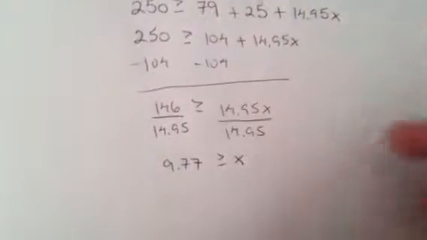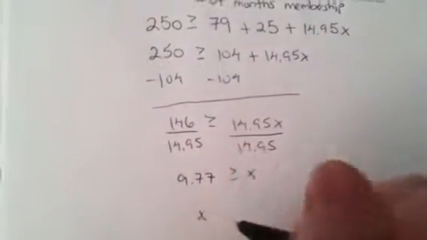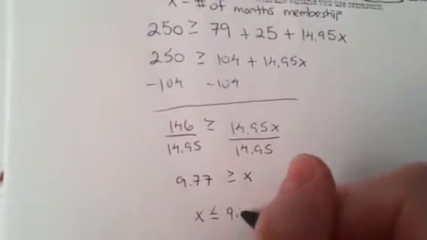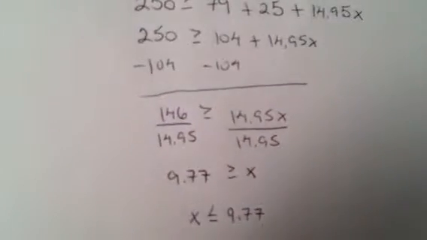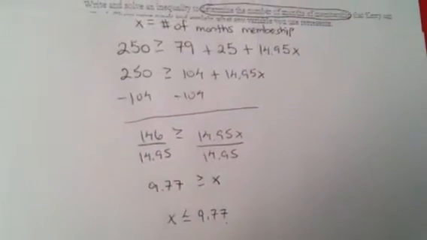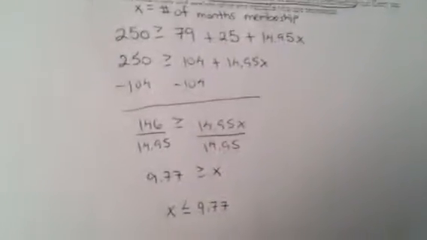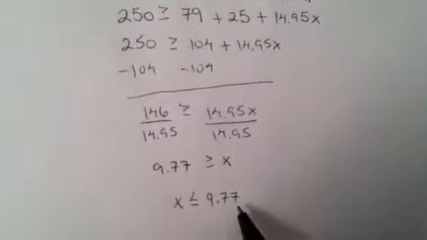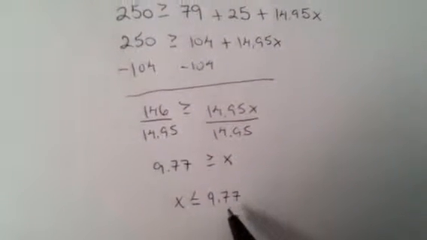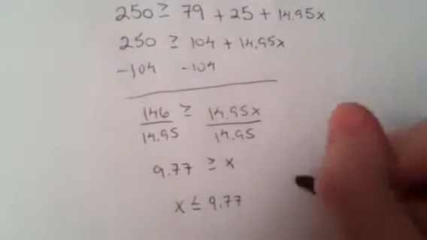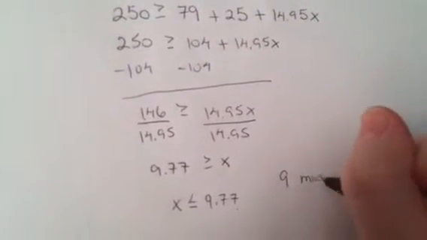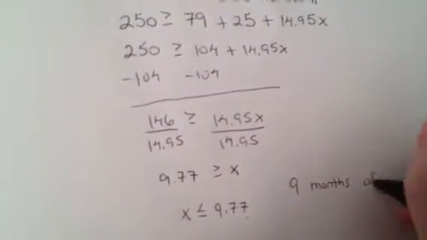To get a better idea of what this means, let's switch it around. x is really less than or equal to 9.77. Now, the question asked us how many months of membership can he have. You can't buy 0.77 of a month, so really he can only afford 9 months of membership.